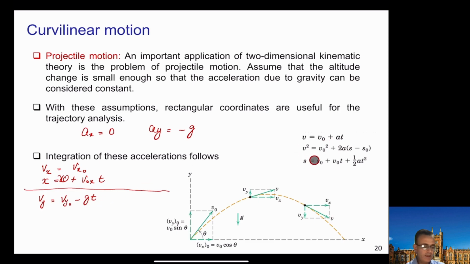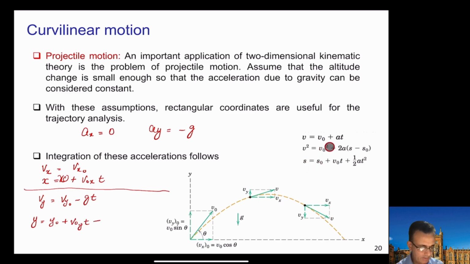And similarly, you can use this equation to calculate the y displacement, which you can say is y equals y naught plus v naught y t.